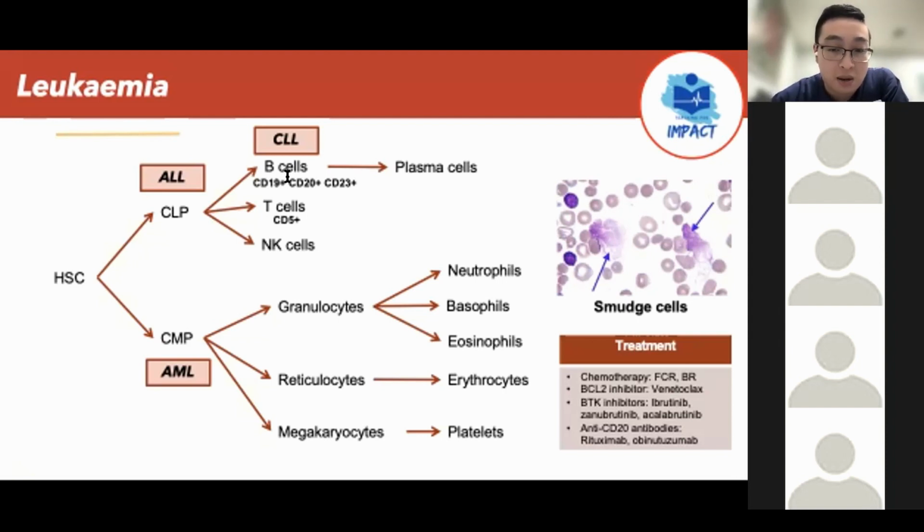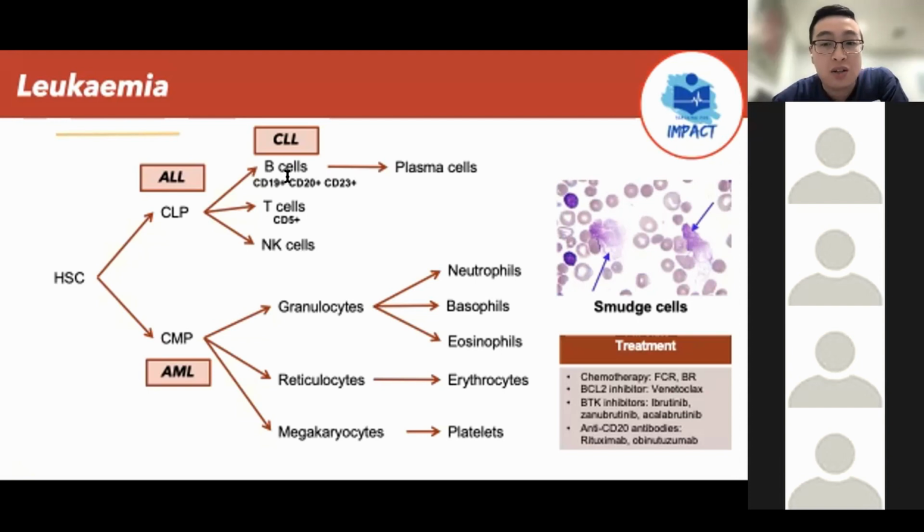So apart from patients with abnormal TP53, the other class of patients that tend to respond poorly to chemoimmunotherapy is those with unmutated IGHV.